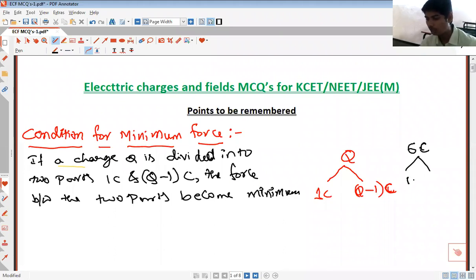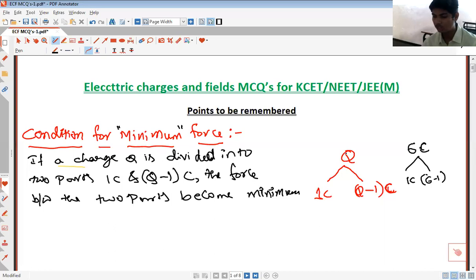See, I write this as 1 and 6 minus 1. Does it make any difference? Not 3 and 3. If you divide into 3 and 3 coulomb, the force becomes maximum. If the charge is equally divided, the force between the two charges becomes maximum. Here we are studying the condition for minimum force.